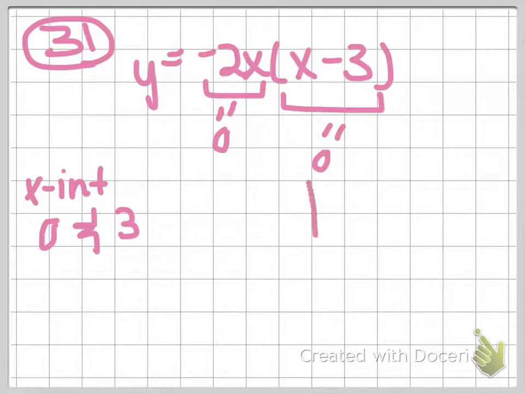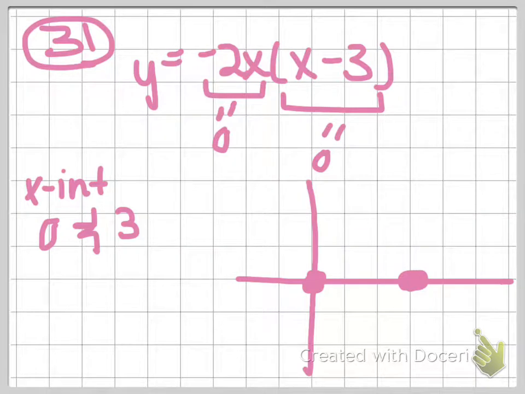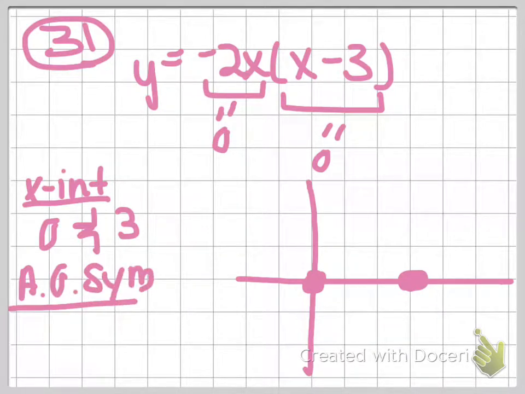I'm going to plot that on my graph. 0, 1, 2, 3. Next, I'm going to find my axis of symmetry. Just a reminder, to find that axis of symmetry, you can take your x-intercept plus your x-intercept and divide by 2.